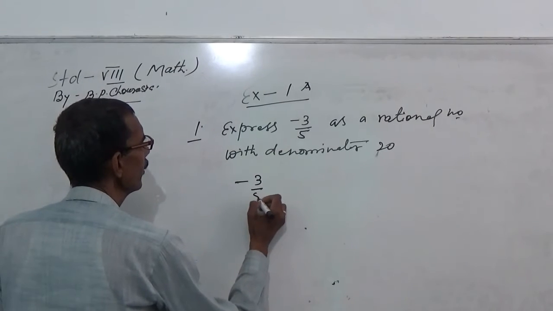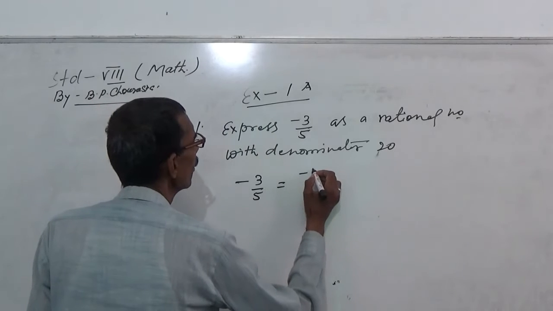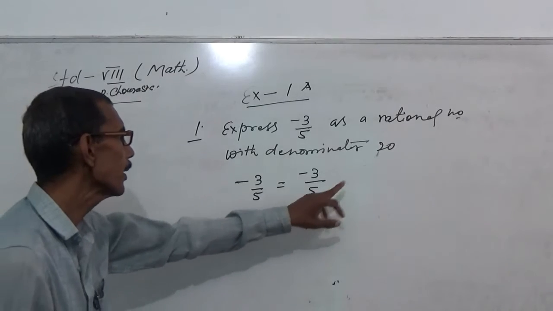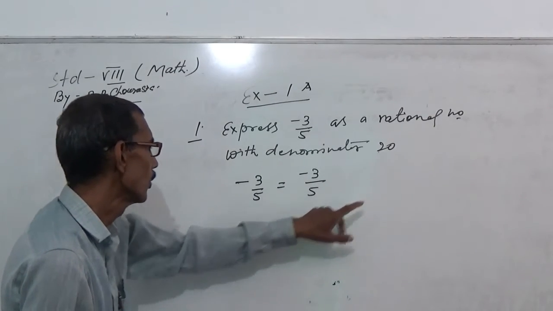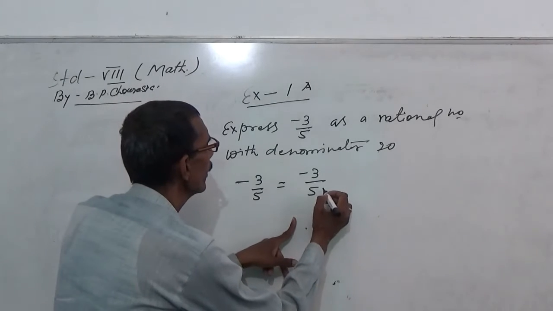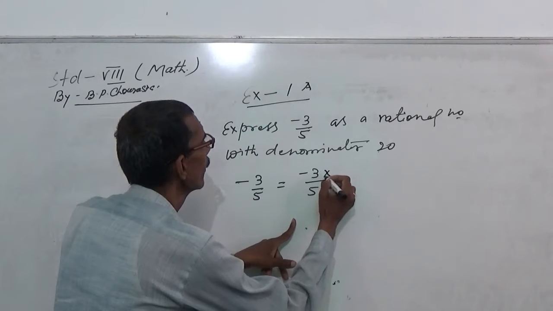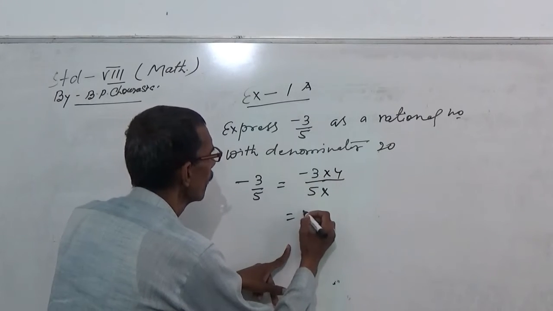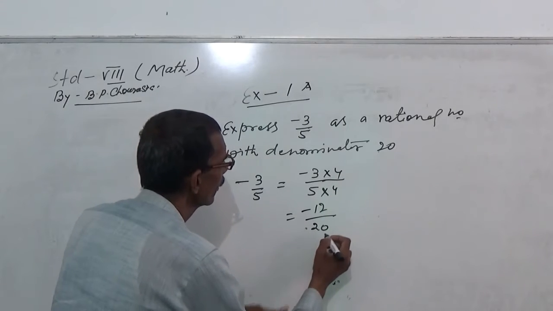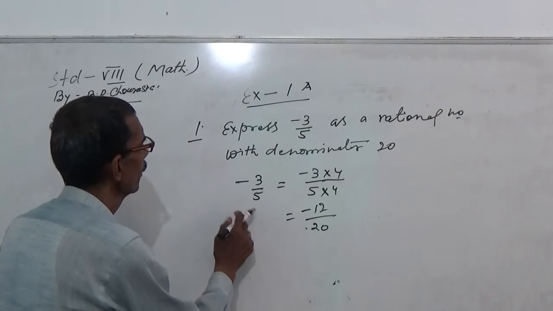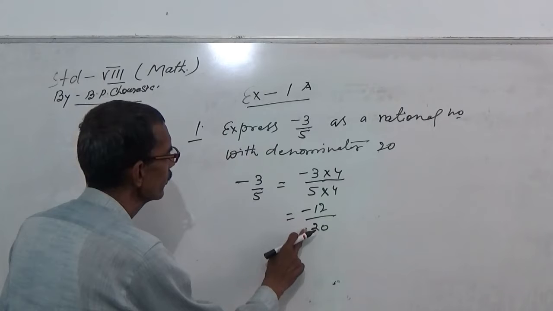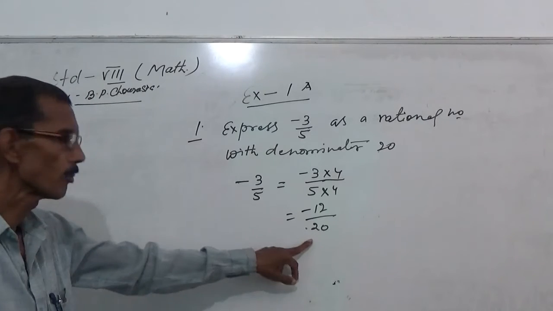Minus 3 by 5 is equal to minus 3 by 5. Now you have to change the denominator to 20. By multiplying by 4, you can change its denominator to 20. Minus 12 by 20. This rational number is now minus 12 by 20 with denominator 20.